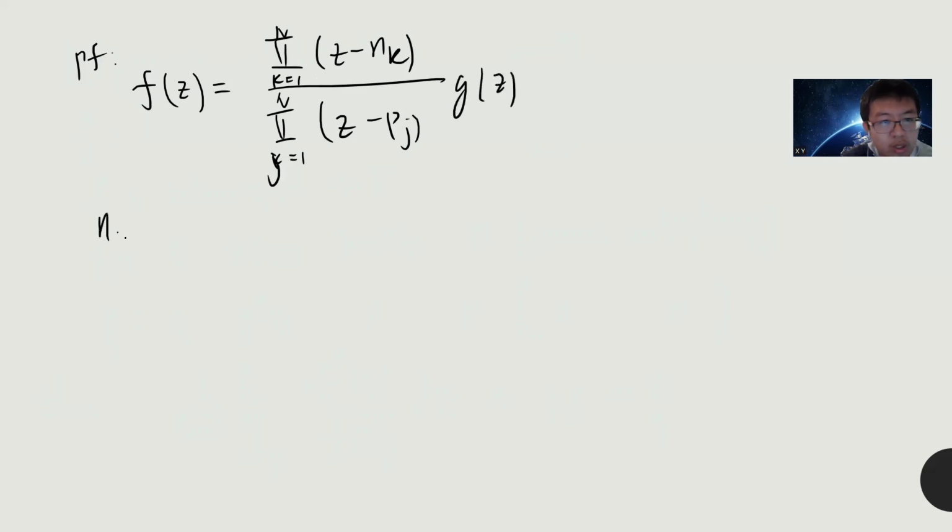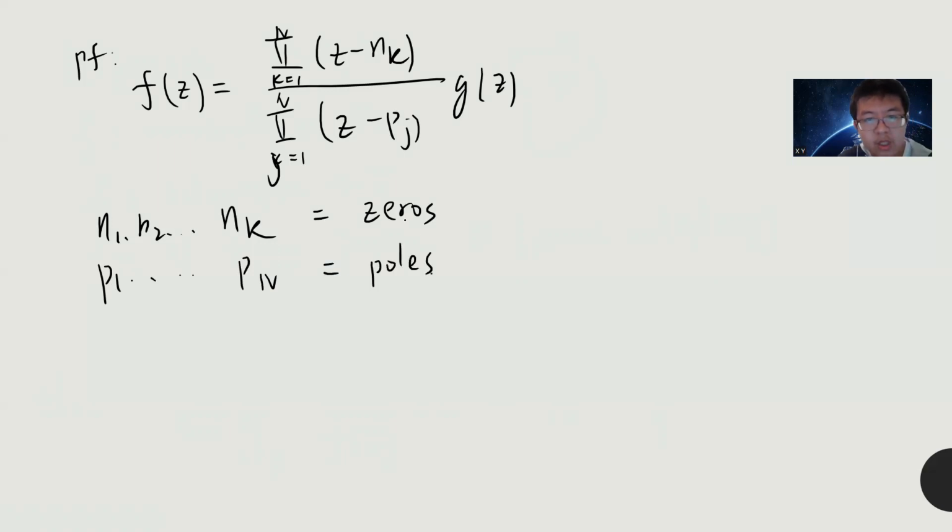So n_1, n_2, up to n_k are the locations of the zeros, and p_1 up to p_n are the positions of the poles. Simply speaking, one easy way is that you write f in terms of this. You just brute force this.